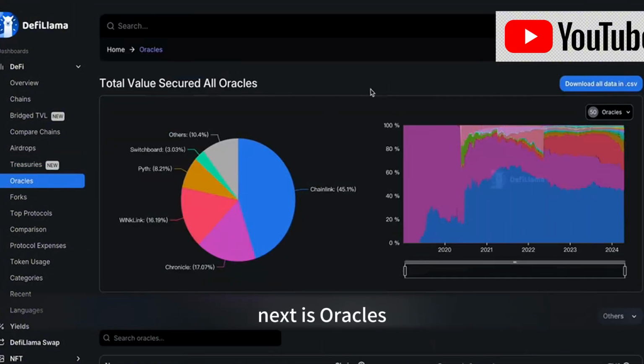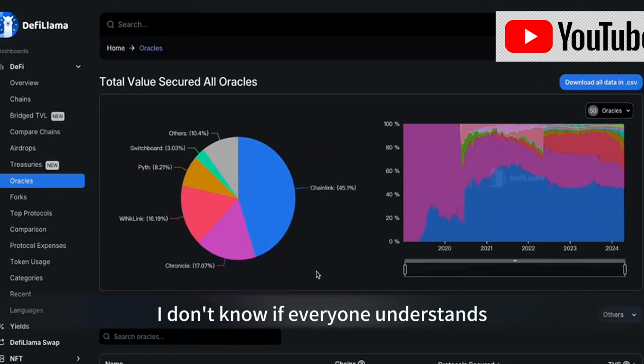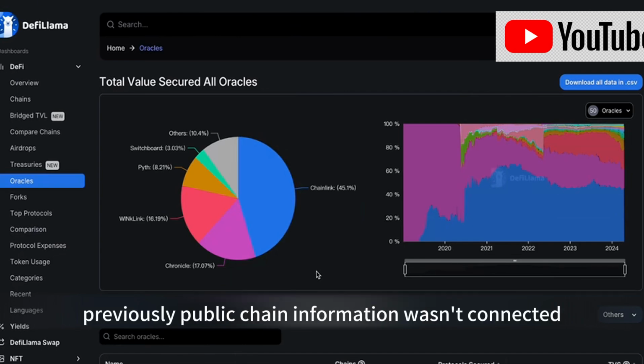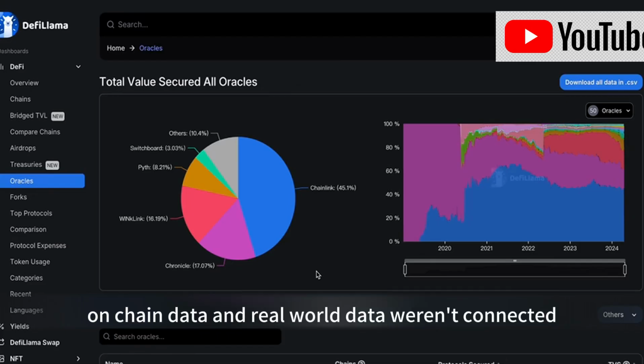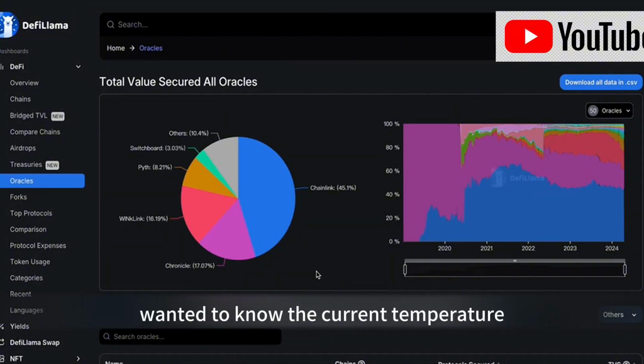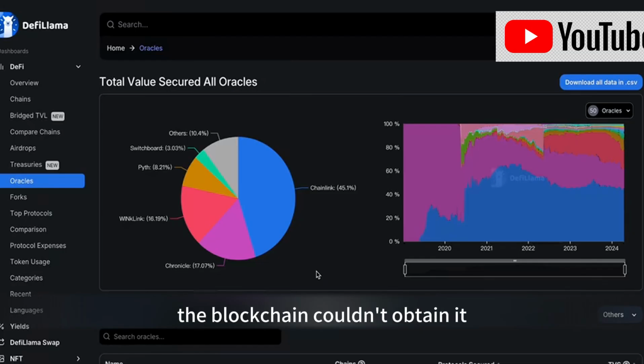Next is oracles, a database and an oracle section. I don't know if everyone understands its general function. Previously, public chain information wasn't connected. On-chain data and real-world data weren't connected. For example, if the blockchain wanted to know the current temperature in a specific location, whether it's raining, air quality conditions, etc., if it wanted to know real-world information, the blockchain couldn't obtain it.